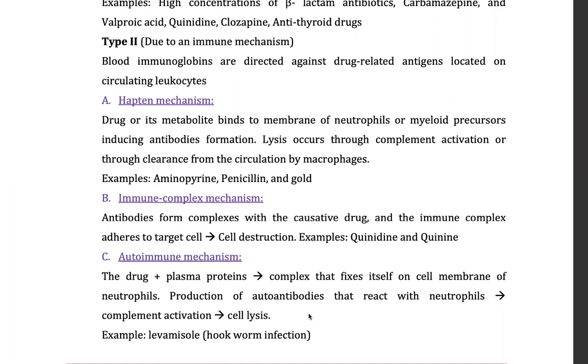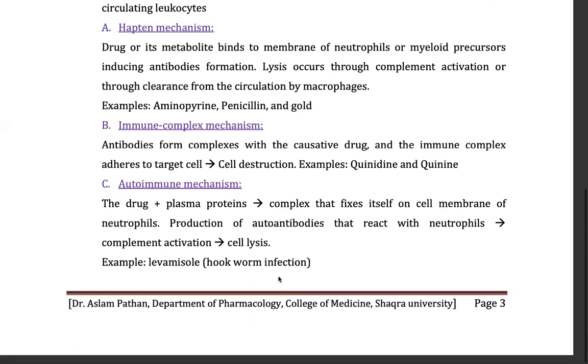Production of autoantibodies that react with neutrophils, complement activation, which leads to cell lysis. This is a part of the pathophysiology, and generally the example of the drug is levamisole, which is generally used in hookworm infection.